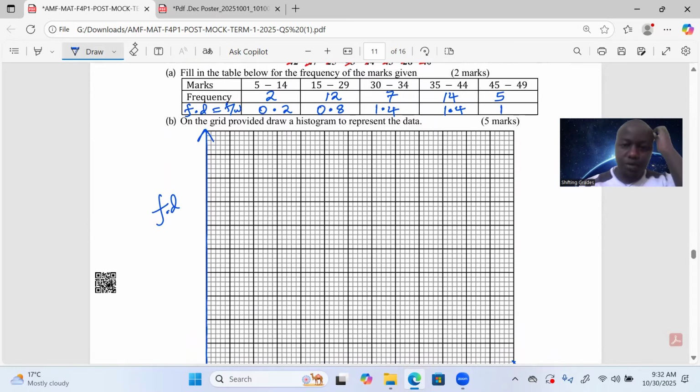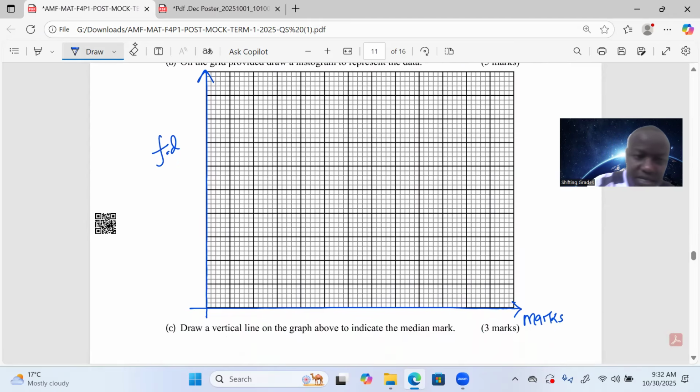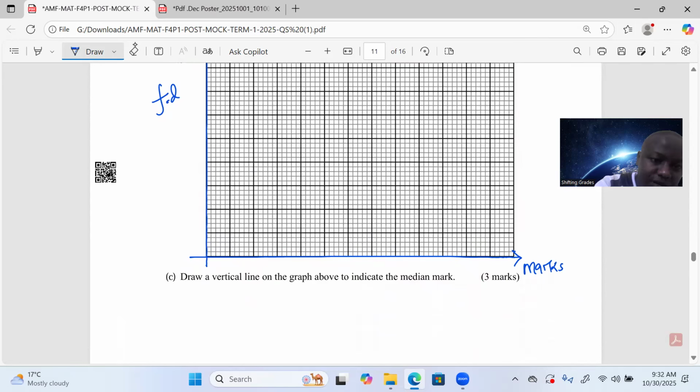Let's look for a suitable scale for the vertical axis. We can use intervals of 0.2 because 0.1 may cost us; by the time we move to 1.4, we shall require 14 boxes. So we start from 0, then 0.2, 0.4, then 0.6, 0.8, 1.0, 1.2, 1.4. The scale should be uniform and continuous.